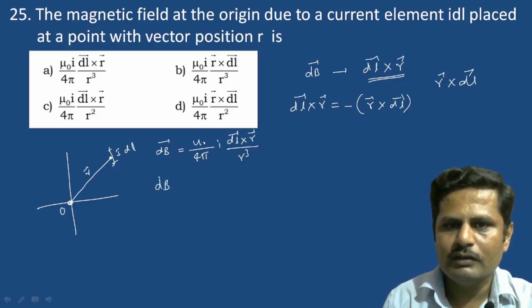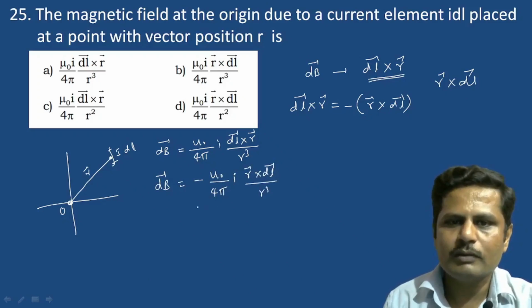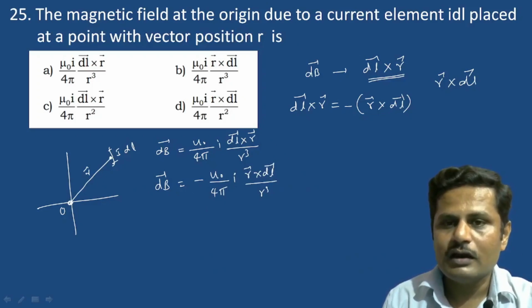So dB is equal to minus μ0/4π times I R vector cross dl vector divided by R cube. Like this it will become. That means the direction of the magnetic field reverses if you consider R cross dl.